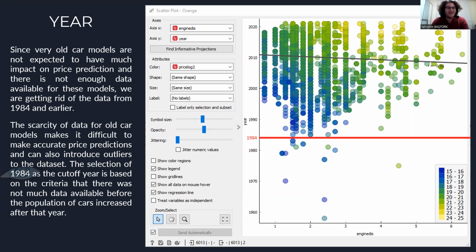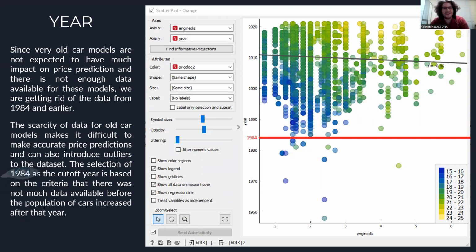I don't know how to read it, sorry. It's because of the year data. There are some valid cars from this year, but some are not. It's causing an error, and we don't want this error in our data set.